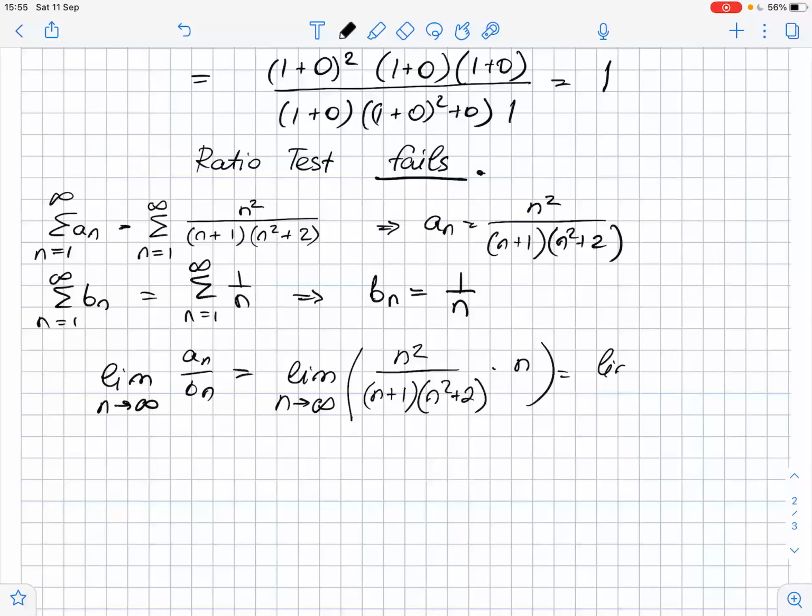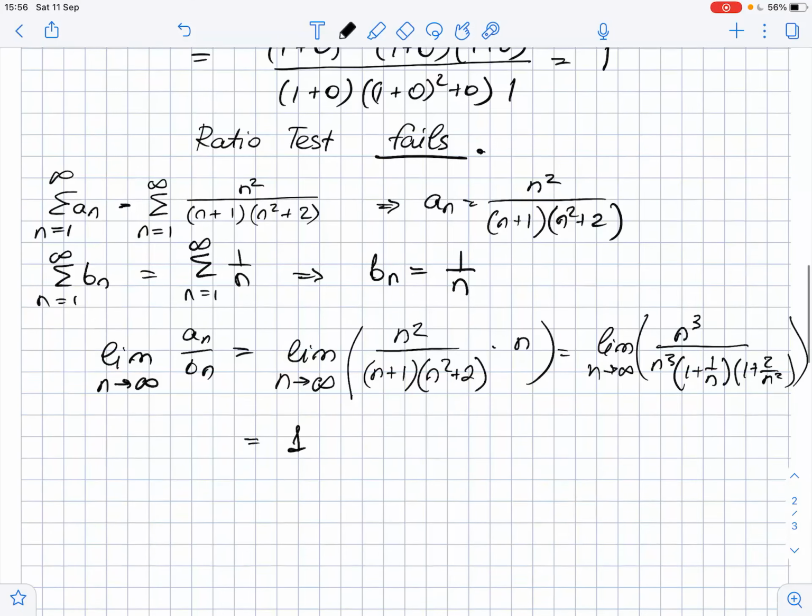Then this equals the limit of n cubed over n cubed times (1 plus 1 over n) times (1 plus 2 over n squared), where n approaches infinity. Since n approaches infinity, then 1 over n and 2 over n squared approach 0, so we get that this equals 1. So the limit of a_n over b_n is positive and finite.